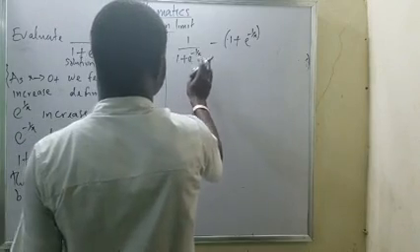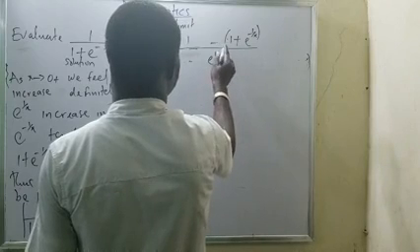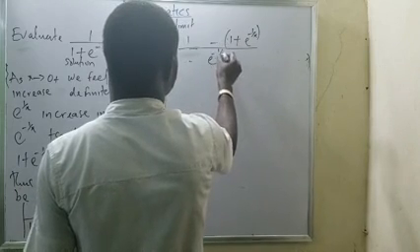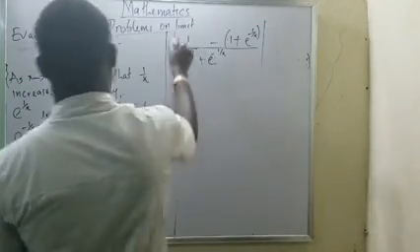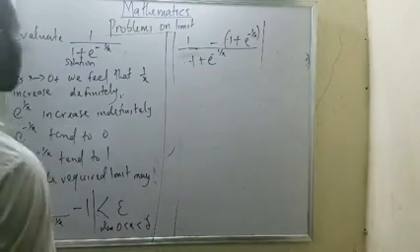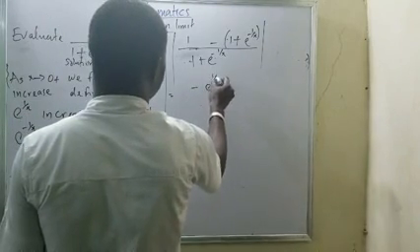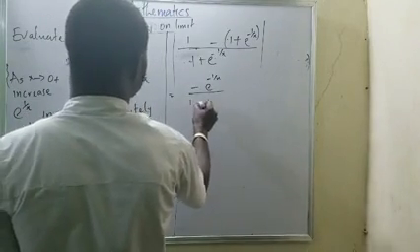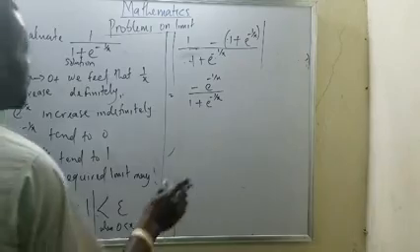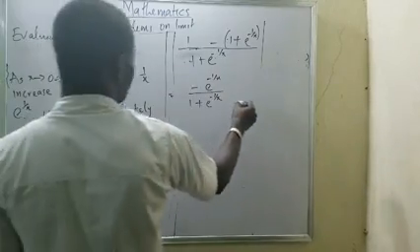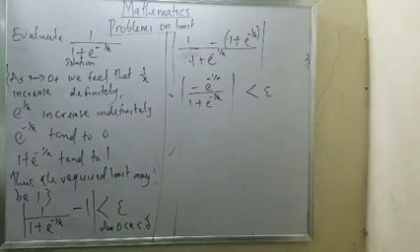What I'm trying to do is find the LCM. Now, the absolute value will be equal to e raised to power minus 1 over x, divided by 1 plus e raised to power 1 over x, which is less than epsilon.